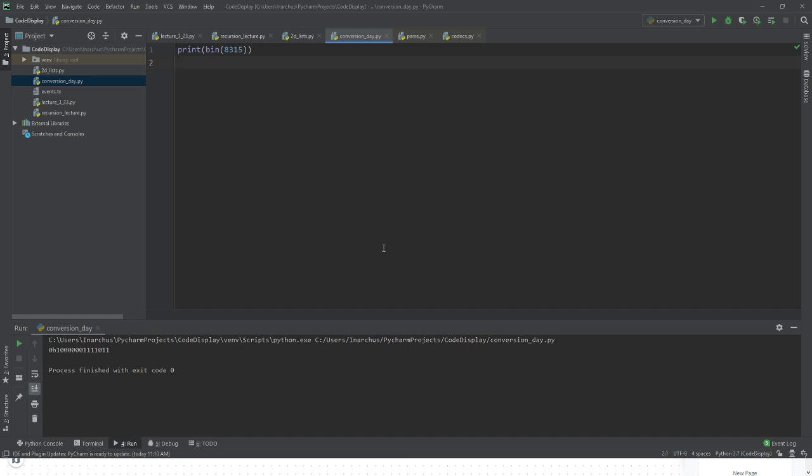So, note what Python does. Python will write it as 0b in front. And what the 0b is telling you is that that number is a binary number.